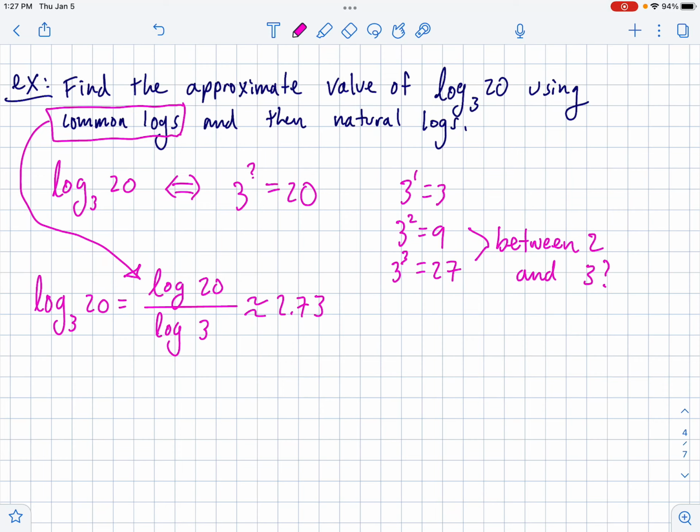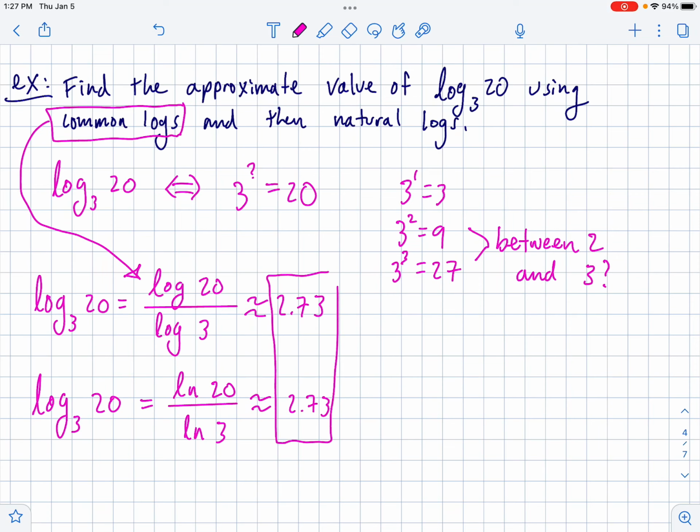Now that's using common logs, but with the change of base formula, you could have used natural logs. You can change the base to whatever you want. So this could be ln 20 over ln 3. When you punch that into your calculator, you are going to get the exact same thing. It doesn't matter whether you use common logs or natural logs.